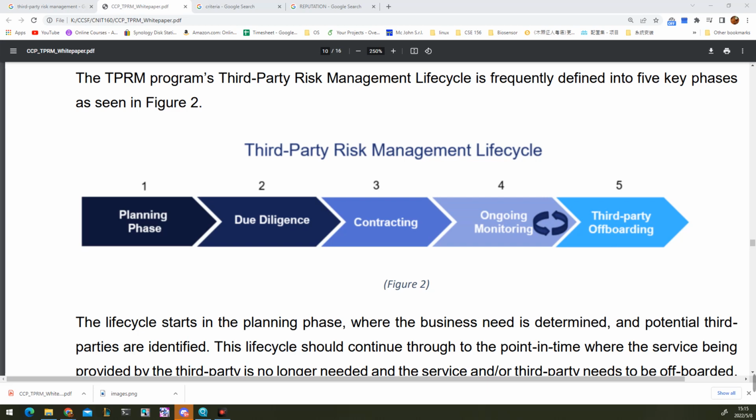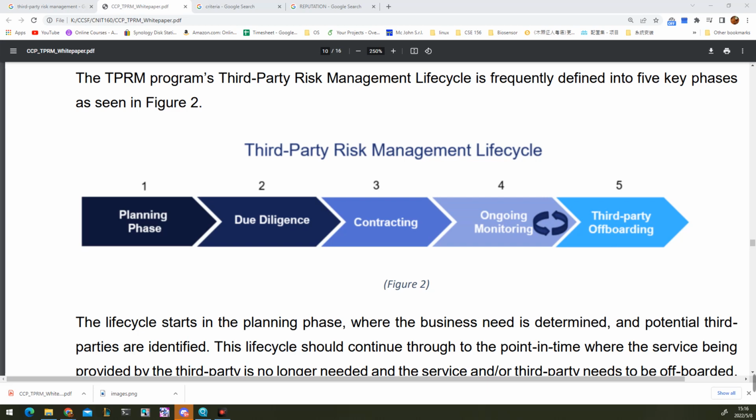So that's very simple. We need a service. We may request a new third party or add service from the existing third party. This is the first one, planning, and then is the due diligence.